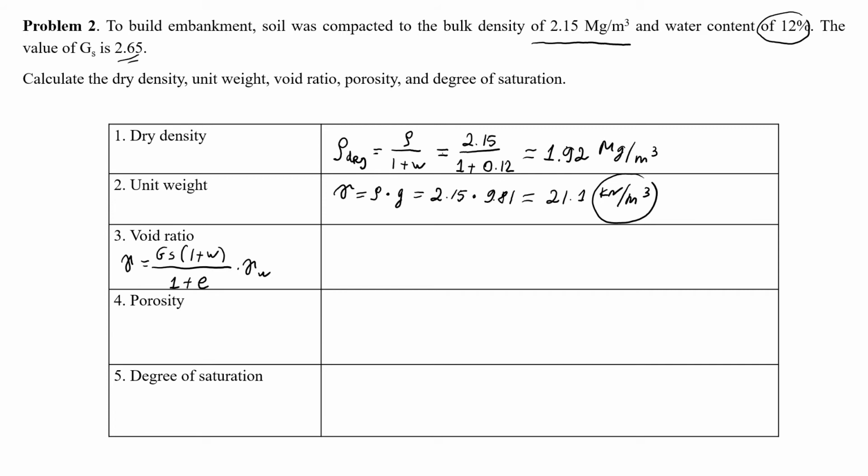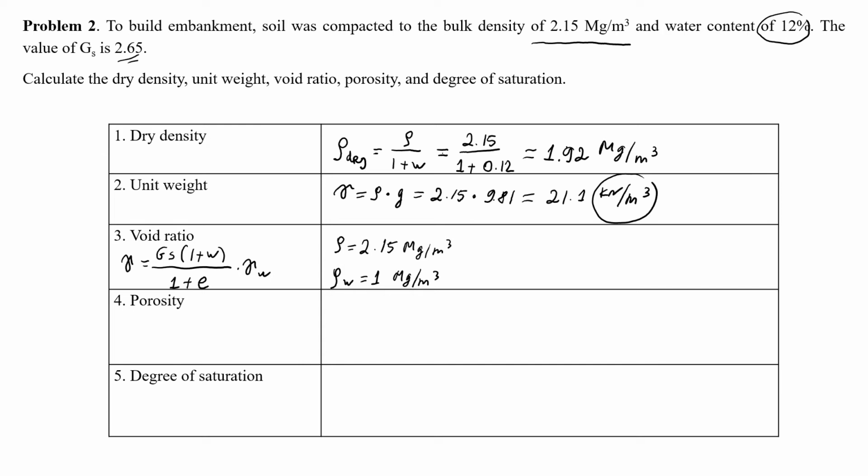And in this case, we know that unit weight is 21.1. So we'll just change it to the density, and density of this soil will be 2.15. Actually, it's already given to us, megagrams per cubic meter. And density of water, we assume it's equal to 1 megagram per cubic meter.